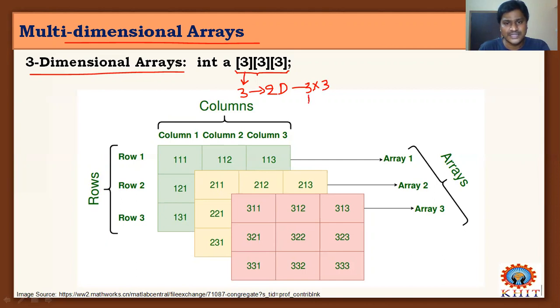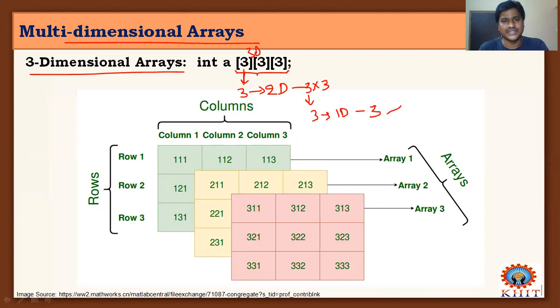Then what does this indicate in 2D? Here this means there are 3 1D arrays with size 3. So you got it. We define this declared 3D array as 3, 3, 3.